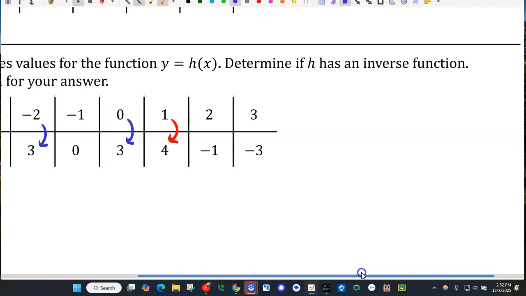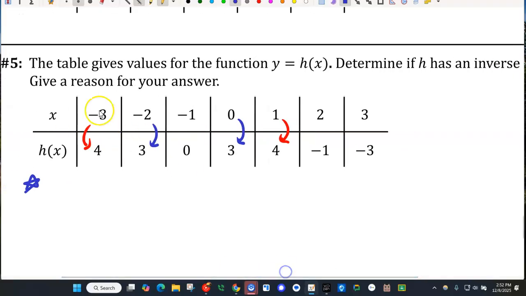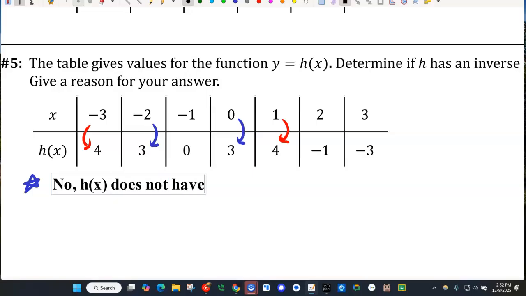Determine if h has an inverse function and give a reason for your answer. It's a good idea to answer those semi-separately. So answer the first one. Say no. Start off with that. H of x does not have an inverse function. All right. And then give the reason for the second statement. Give a reason for your answer.